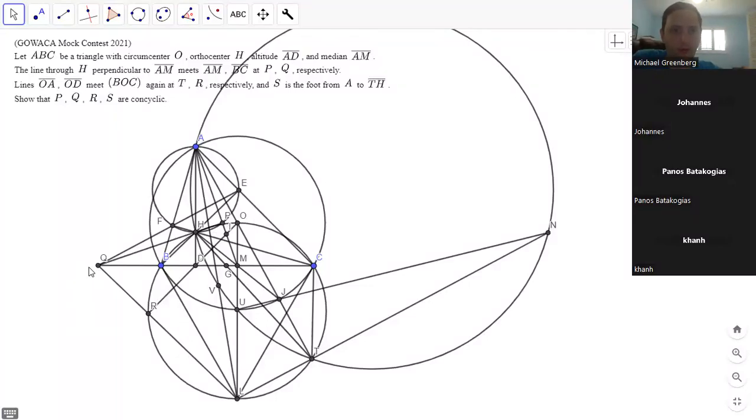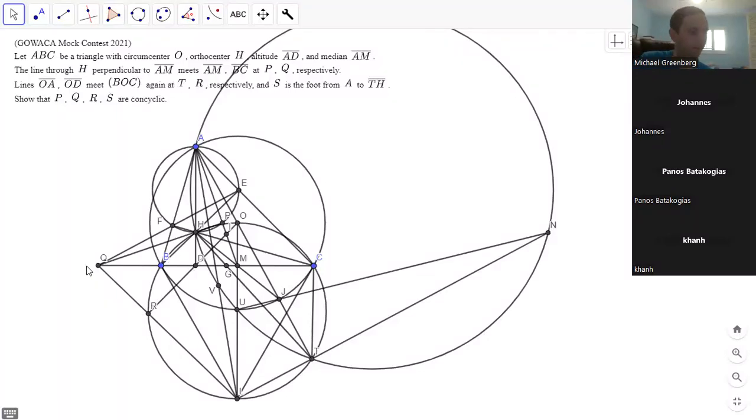First, Q lies on the polar of D. So BCDQ is harmonic, so Q lies on the polar of D with respect to ABC. And then R also lies on the polar of D, because if you do an inversion with radius OB, then BC goes to the circle BOC, so D goes to R. I got it.